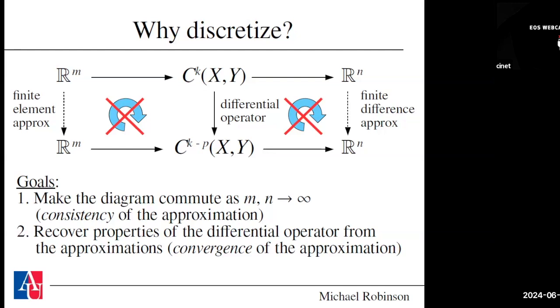Imagine I've got sine of x, and I evaluate sine of x at x equals 0, at x equals 0.1, x equals 0.2, and so on. That's what lives at that top Rn. What's here is I took the derivative of sine of x. What's the derivative of sine of x? Yeah, some of you guys know, cosine, right? Great, good. And if I sample that cosine, that's what lives here.